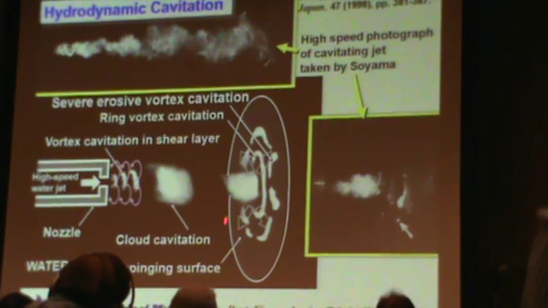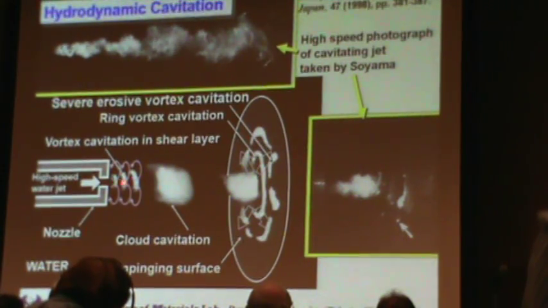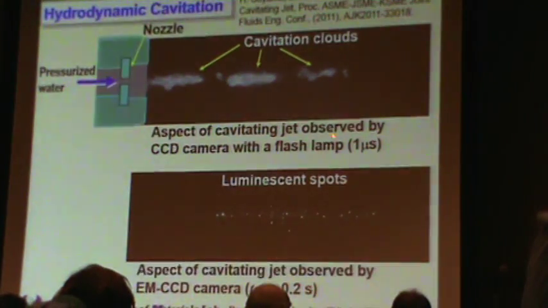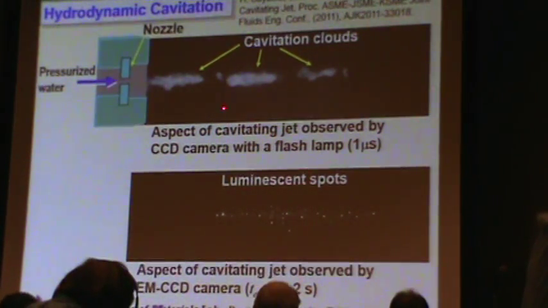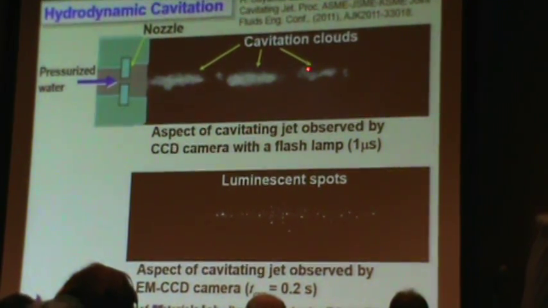And if we put a target, the cavitation bubbles combine into a big cloud cavitation, and then the cavitation cloud hits the target, spreads out, and then collapses. If we take a picture using a normal CCD camera with a flash lamp, we can get the cavitation cloud.